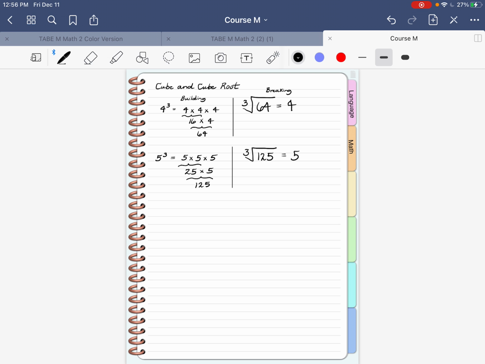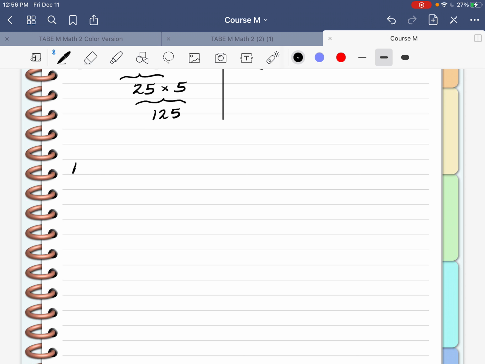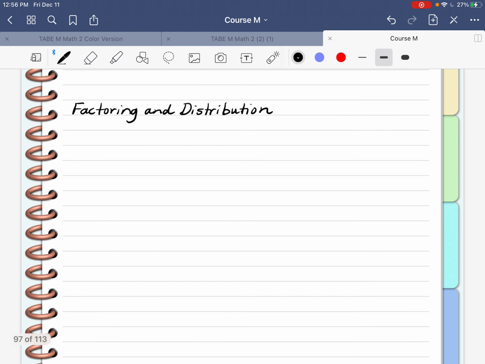Factoring and distribution are inverse operations. So here is factoring, and distribution. We've looked at these in a previous video, but let me give you an example.